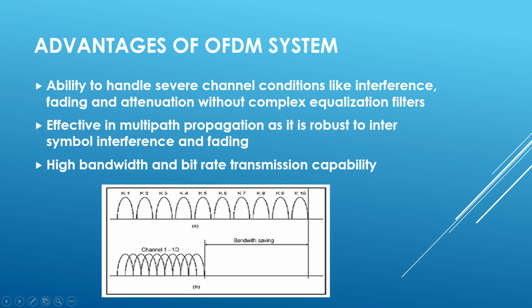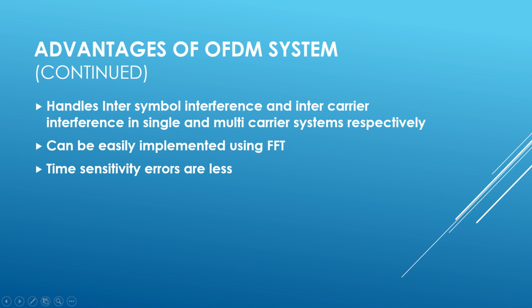So this is a conventional FDM system and this is an OFDM system. We can see that the OFDM system has a high bandwidth and bitrate transmission capability, and this facilitates a lot of bandwidth saving. We will continue with the advantages of the OFDM system.